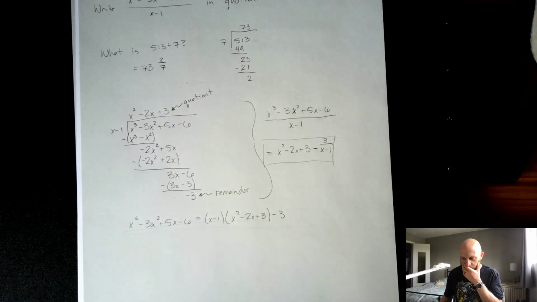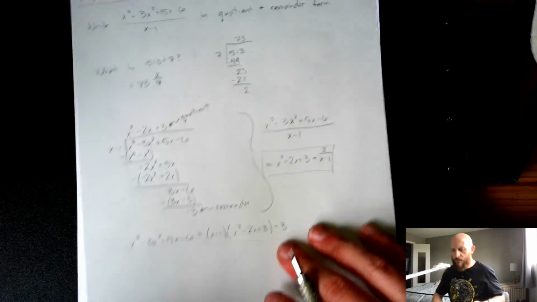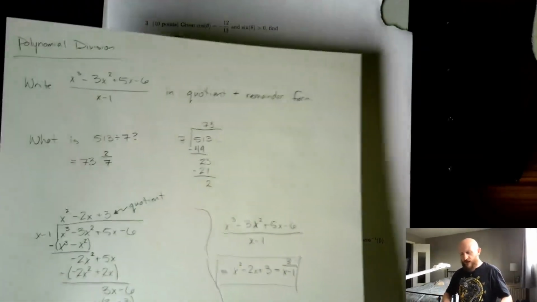Let's do one more example where things are maybe just slightly more complicated. And then we'll look at the shorthand of doing polynomial division, which is something called synthetic division. All right, so let me see. Do I have a good example here?